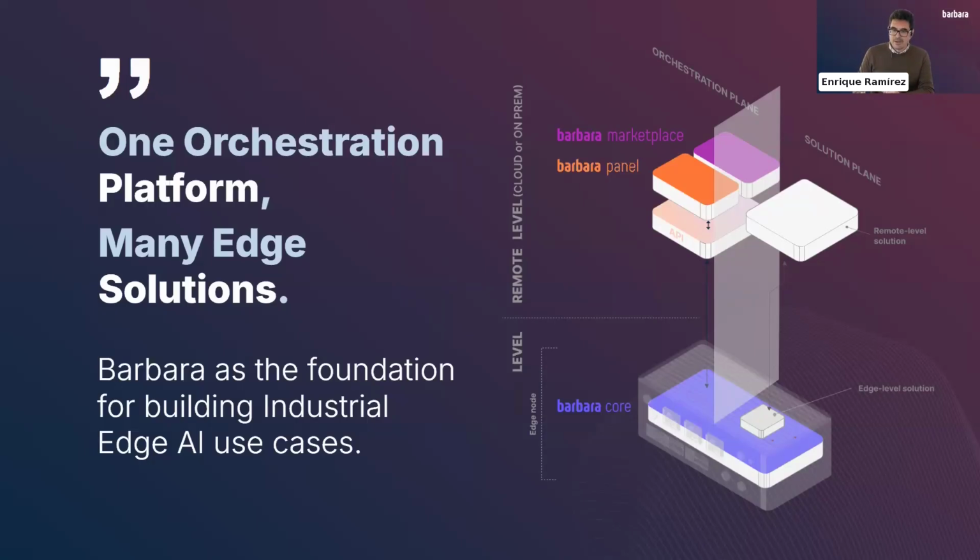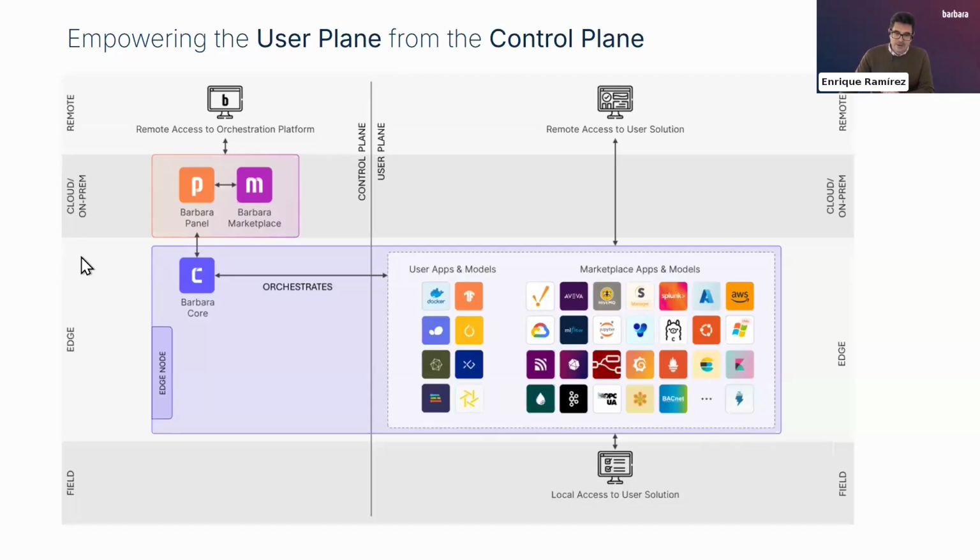And here I have one more diagram to show in a different way how the platform works. Here we have the edge level, where we have an edge node. This blue box is an edge node, again, an industrial PC or a virtual machine. Here we have the Barbara core.